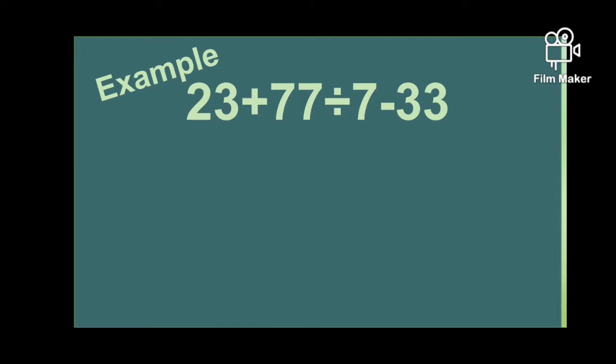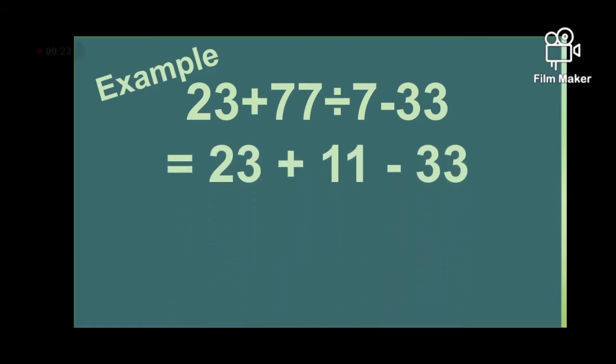In this example, we have three signs: plus, divide and minus. First we will divide 77 by 7, then we will get 11. Then 23 plus 11 minus 33. First we will add 23 plus 11, we will get 34.